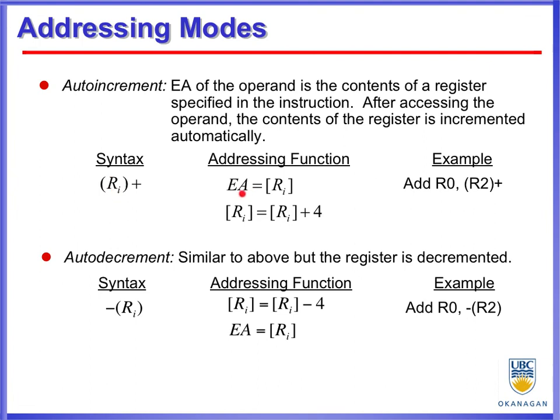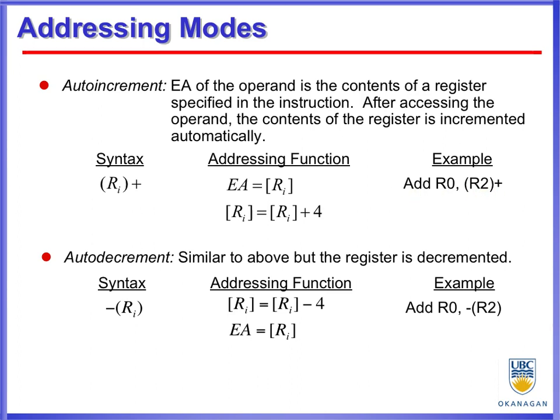In this case, the effective address will be the contents of Ri. Ri has an address, and that's the address you use, and then as soon as you've accessed that memory location and gotten the number out of it, the address in Ri is incremented, so now Ri points to the next address in memory, okay?